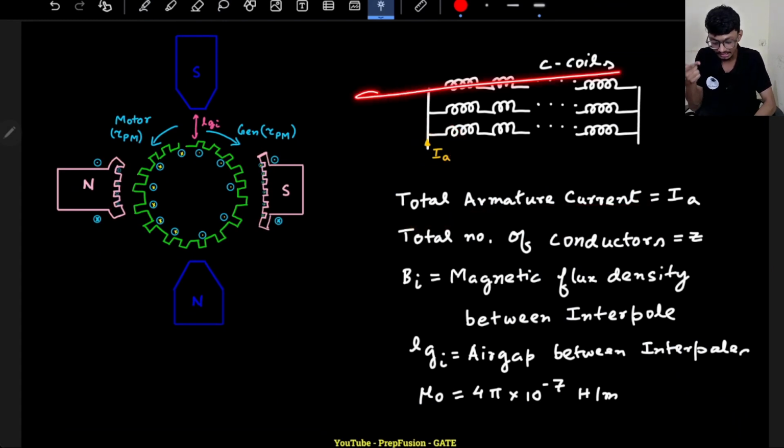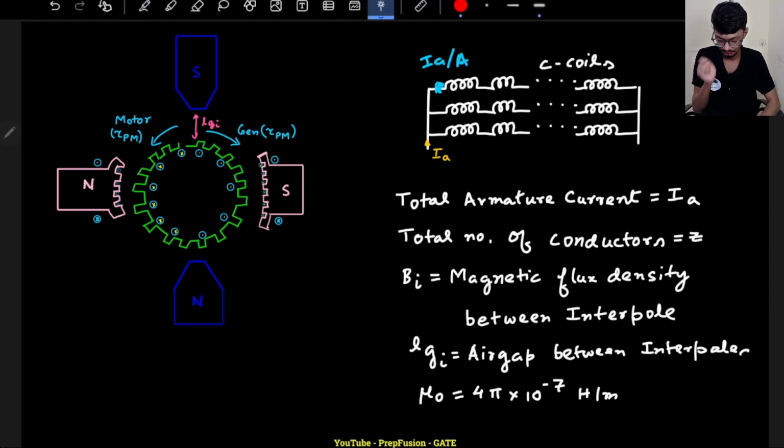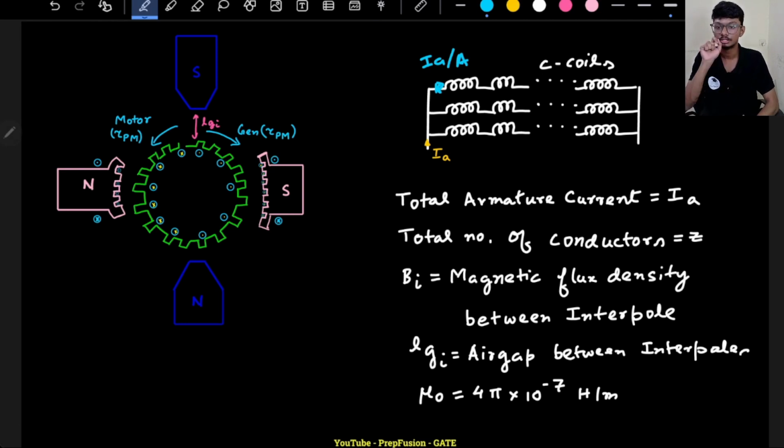So what is the current per path, that is, current per coil? It is IA divided by A. That is the current per path. Total number of conductors is Z. What is the total number of turns? I know one turn has two conductors, so if I know the total number of conductors, how many turns will I have?